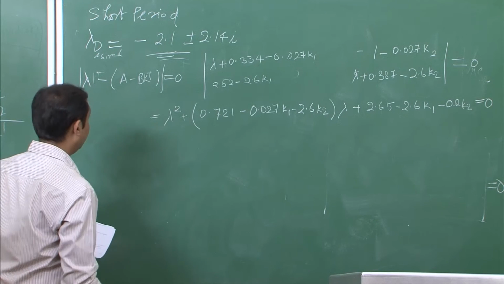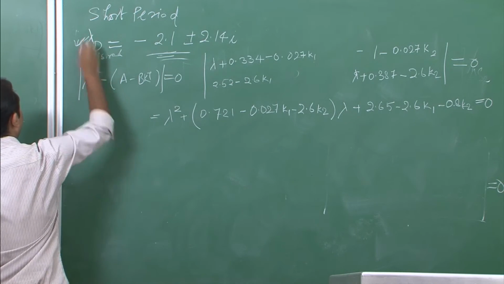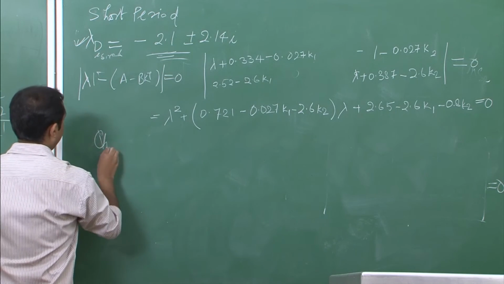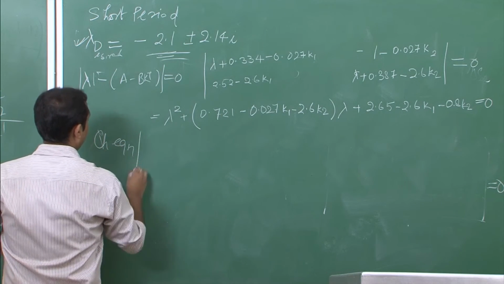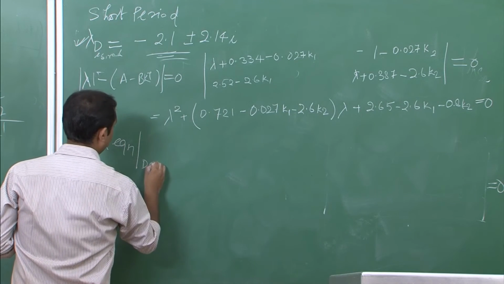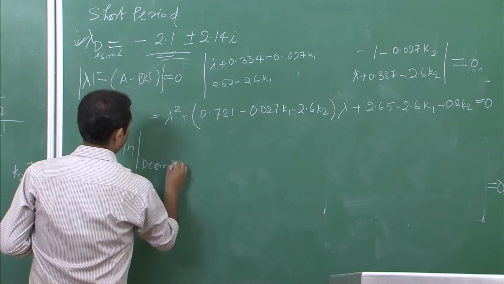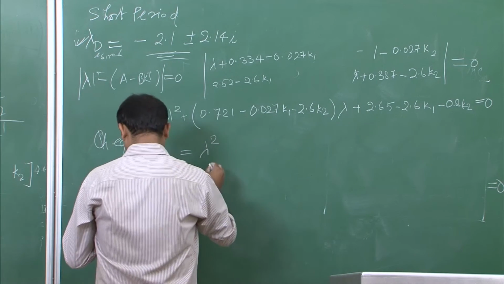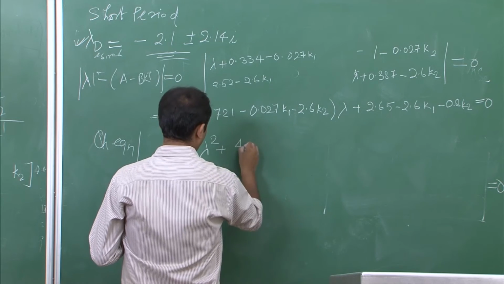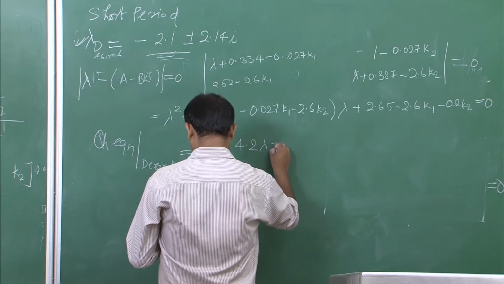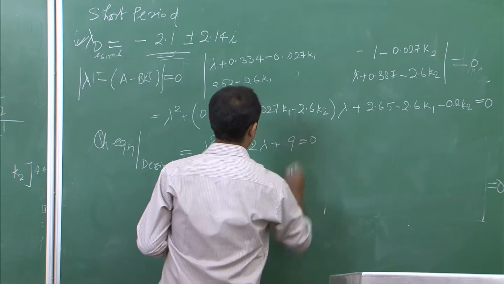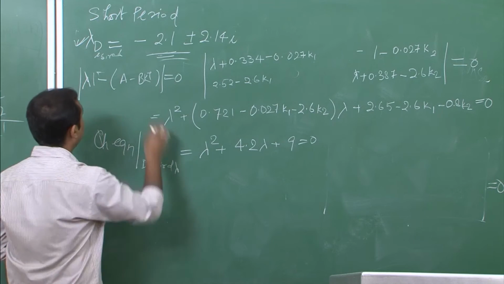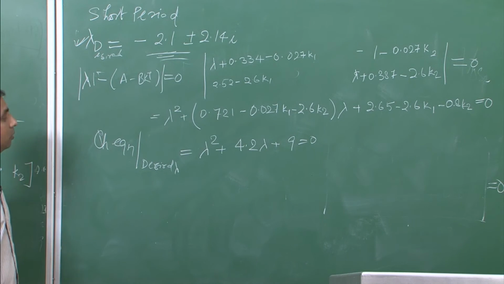So the desired characteristic equation using these roots is lambda square plus 4.2 lambda plus 9 equals 0.